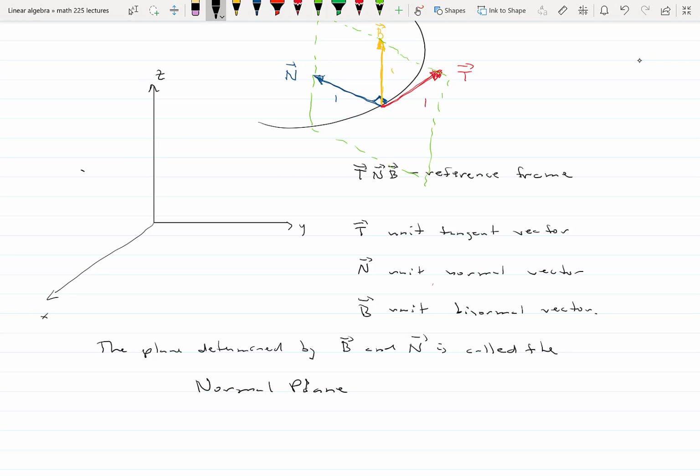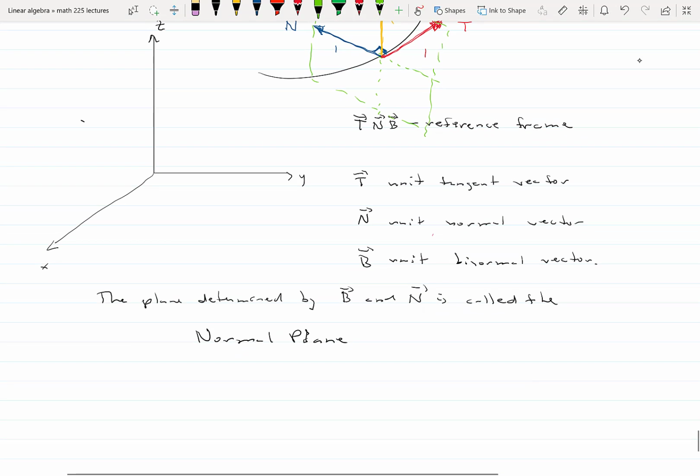Okay. If you were trying to find an equation of the normal plane, what would you choose as its normal vector? And if you look at the green plane, it looks like the tangent vector would be fine.